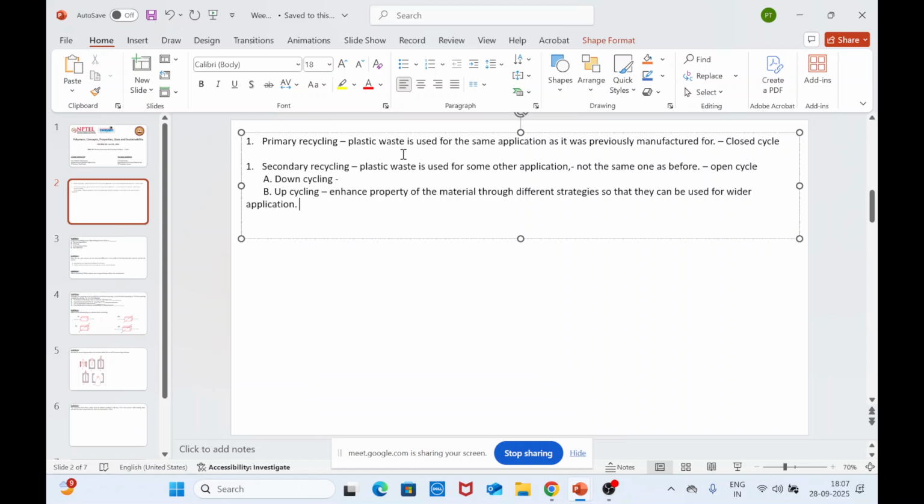However, in case of downcycling, you try to use the polymer or the recycled product, but there you use it for low performance requirement applications. As I said, the performance metrics may not be of prime importance. In that case, you call it downcycling.